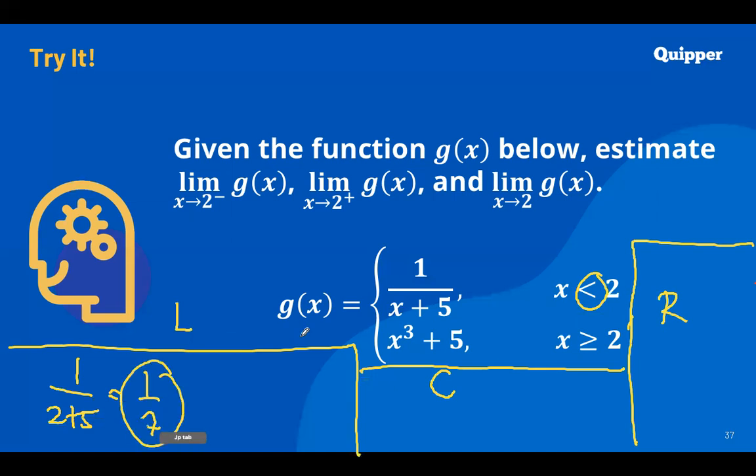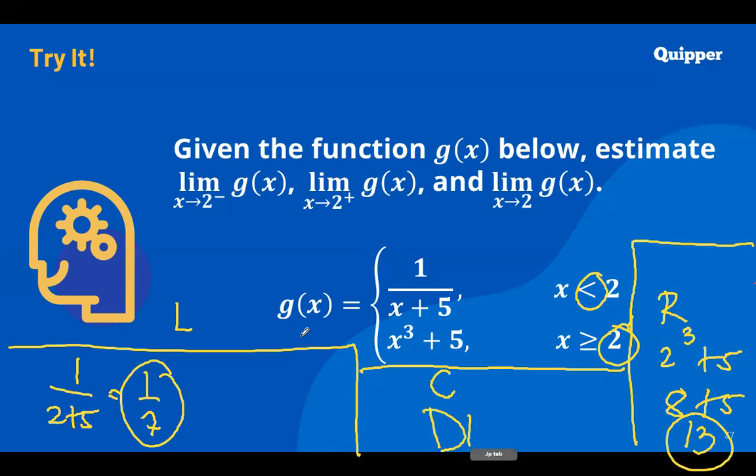Easy. So from the left is 1 over 7. From the right, we will just change also x as 2. So we have 2 cubed plus 5, and 2 cubed is 8, plus 5 is 13. They are not the same again, so simply write D and E, does not exist. Okay? Super duper easy.